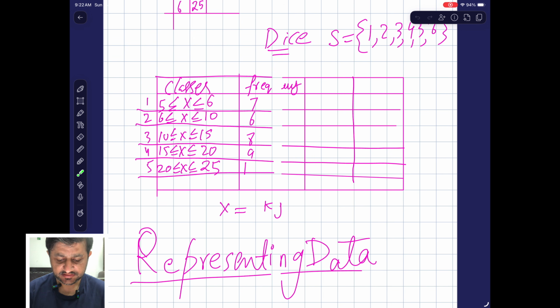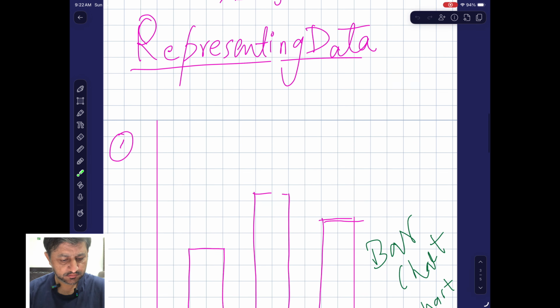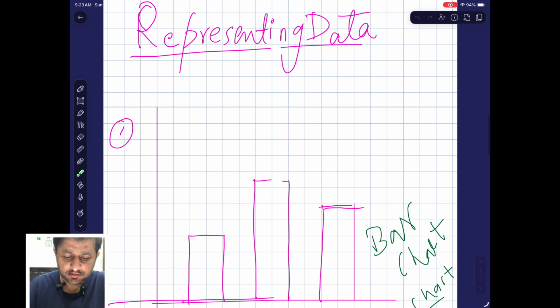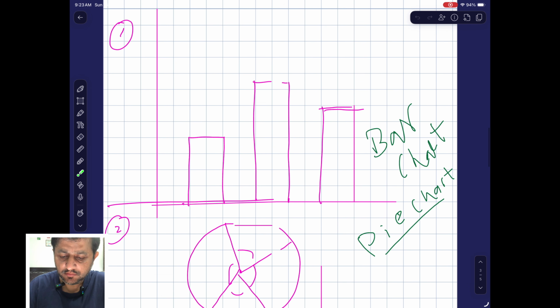Okay, let's start with the next one. So here we have a question. The table shows the number of patients at the emergency department of a hospital on Monday morning, 7 till 12.